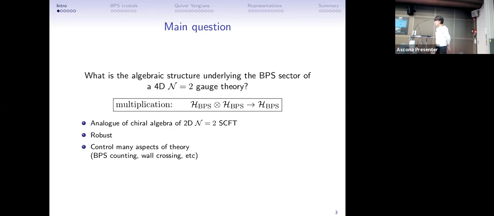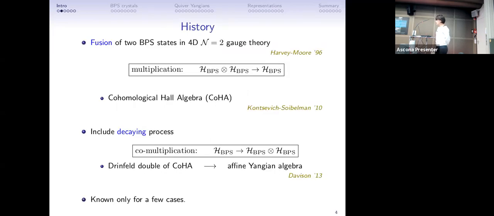This is an analog of the chiral algebra of 2D N=2 superconformal theory, and it's robust information of the theory, controlling many aspects such as the counting and the wall crossing, etc. So let me review a bit of history.